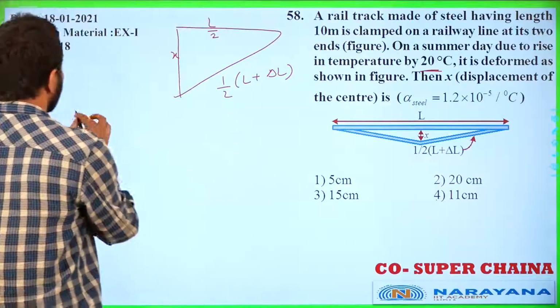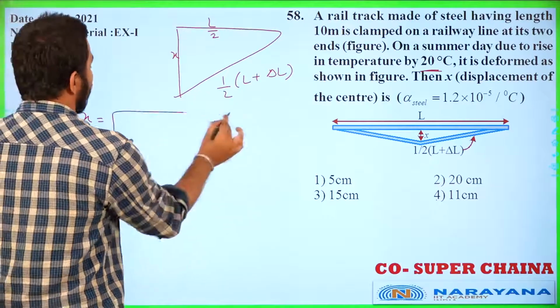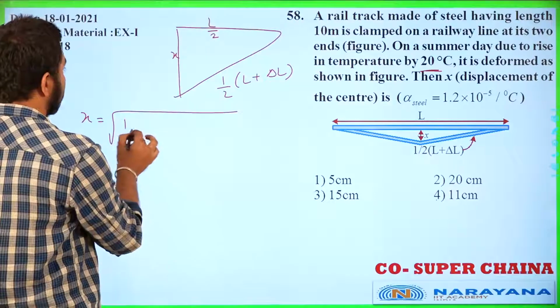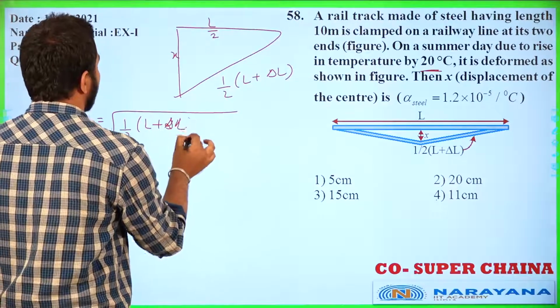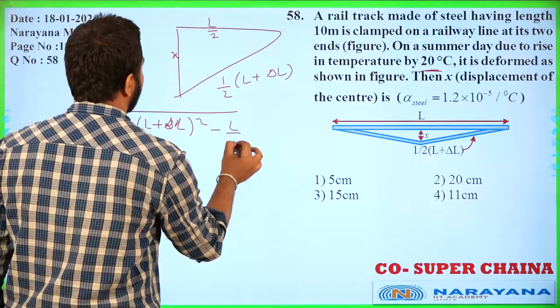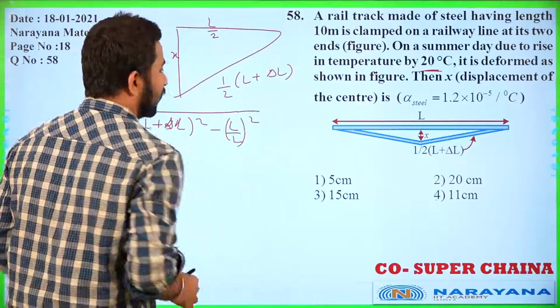Yes, I can use. So X will be equal to the square root of (half L plus delta L) whole square minus (L by 2) whole square. This is what I can write.